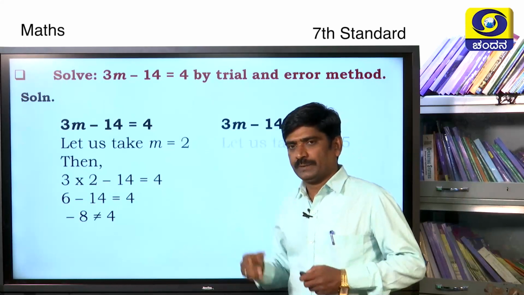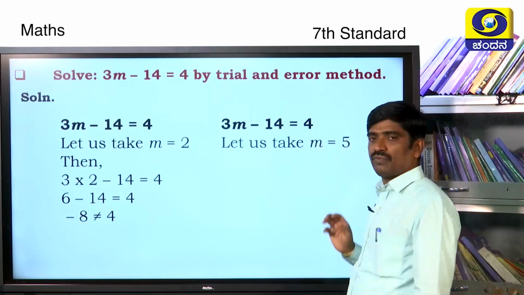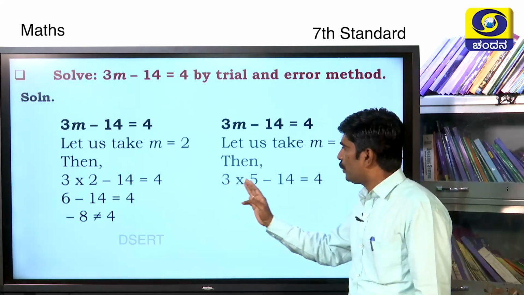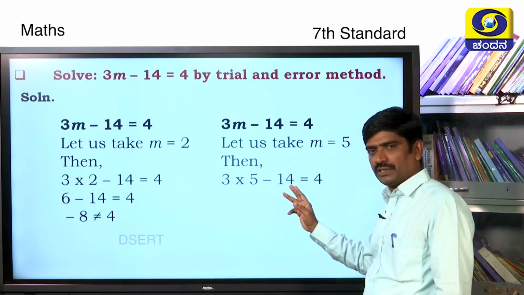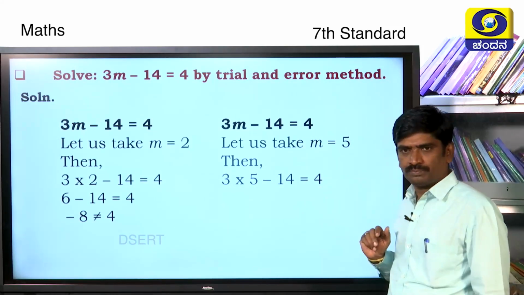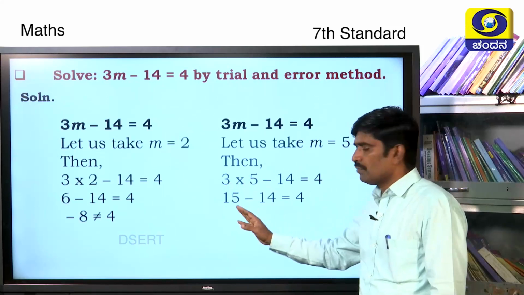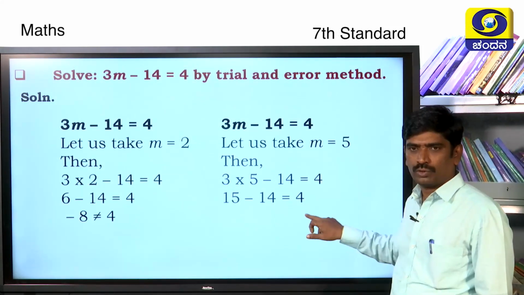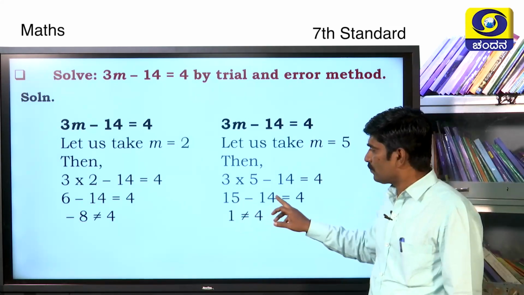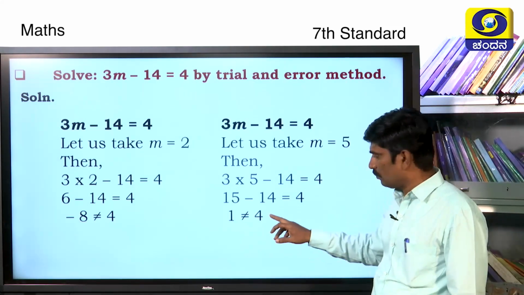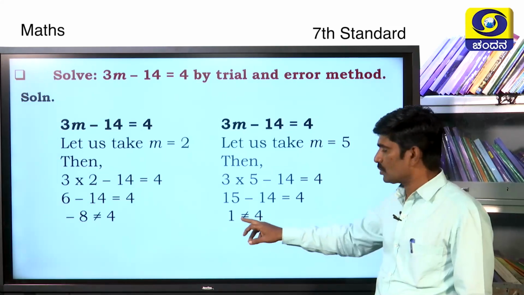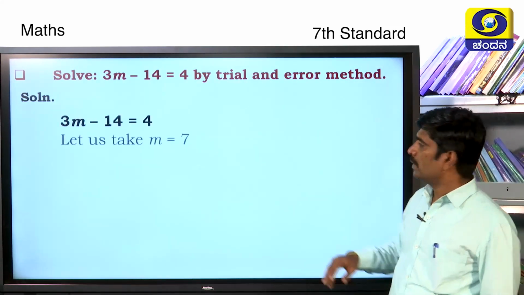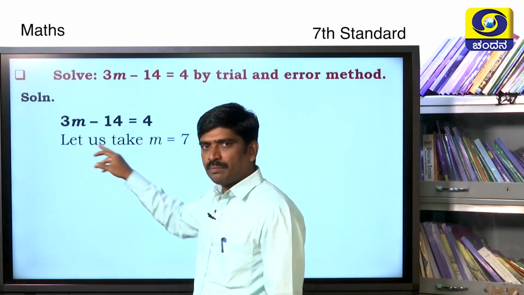Second one. Let us take m is equal to 5 here. Then put 3 into 5 minus 14 is equal to 4. 3 fives are 15. 15 minus 14 is 1. 1 is equal to 4? No, it's also not true. Then let us take m is equal to 7.